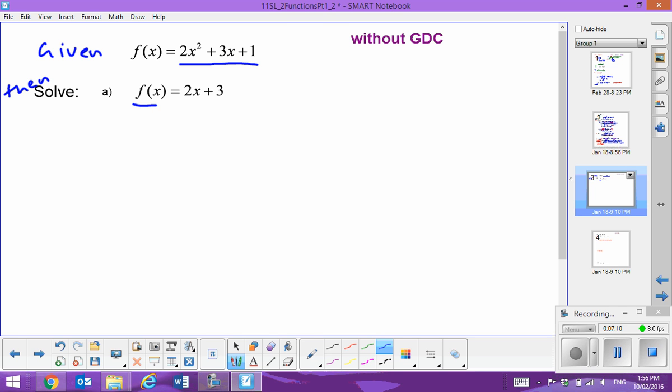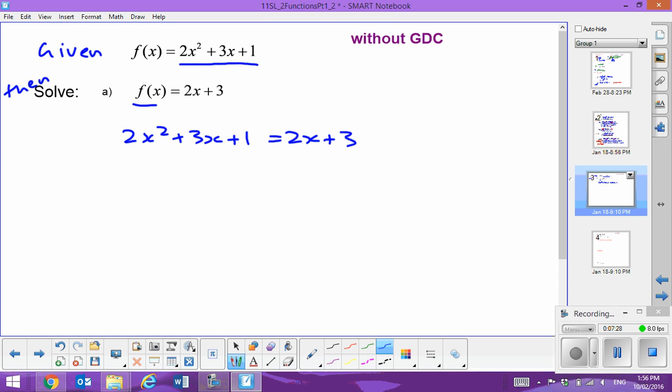So what they're saying here is that 2x squared plus 3x plus 1 equals 2x plus 3. What we want to do is go through and solve that without a calculator.